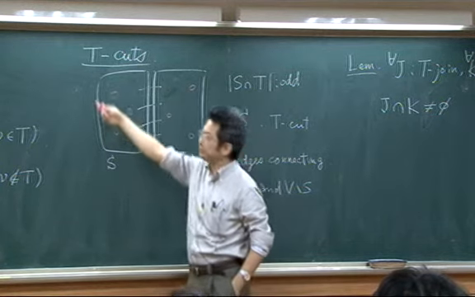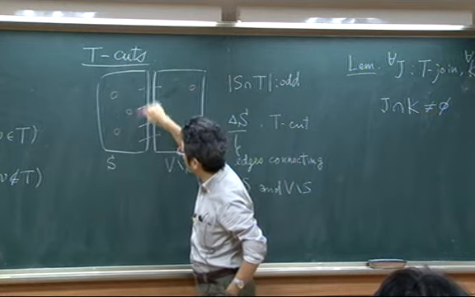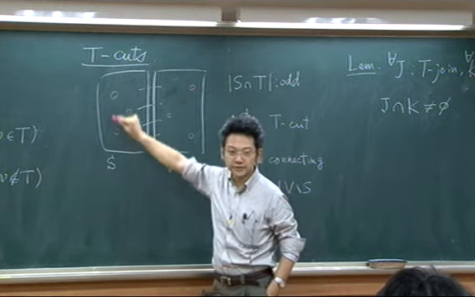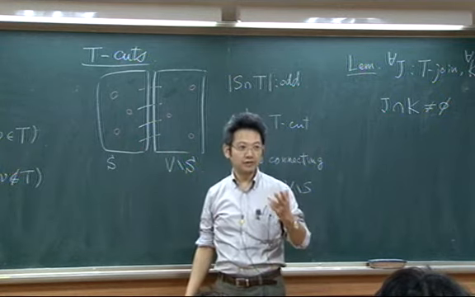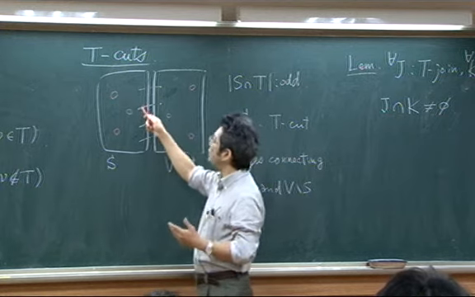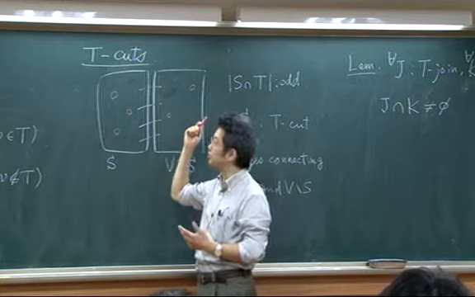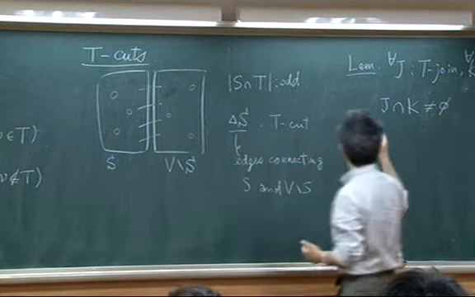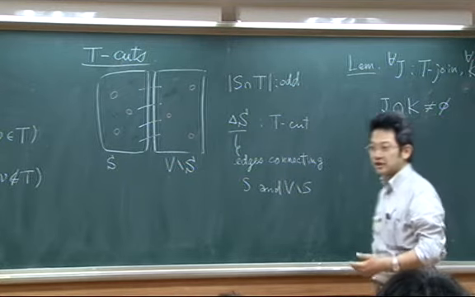So if you sum up the degrees over all these vertices, then the sum must be odd, right? Yes, it's odd. Therefore there must be an odd number of edges of the T-join that come to this side. So there must be a non-empty intersection between any T-join and T-cut.